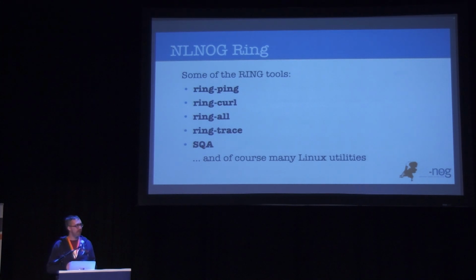Ring trace, which makes nice graphs from traceroutes, and SQA. And SQA does a sort of performance monitoring of your ring node. And of course, since they are all Linux machines, you have all the Linux tools available you could think of, like MTR, traceroute, tcpdump, you name it, it's there.